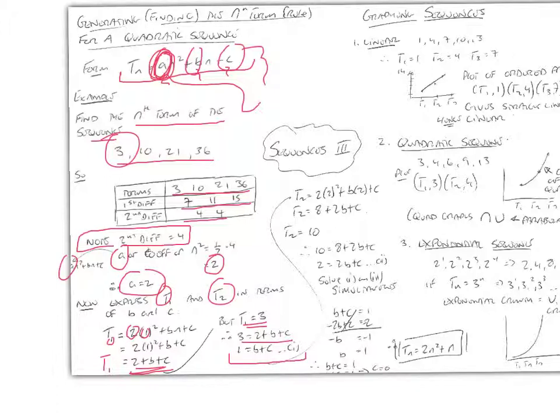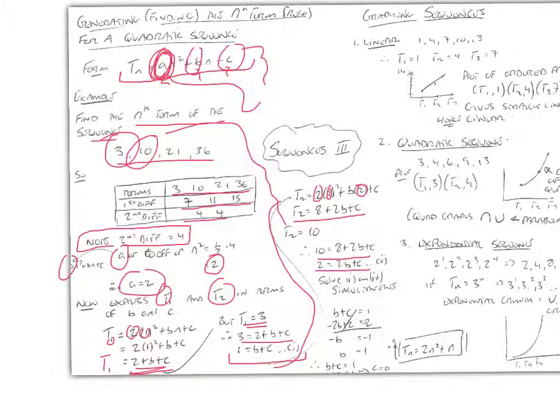We'll do the same for t2, so we know a is 2, n is 2, and we'll get t2 equals 8 plus 2b plus c. But t2 is equal to 10, the second term is 10, so we'll equate 10 to all of that, and we'll generate a second equation: 2 is equal to 2b plus c.